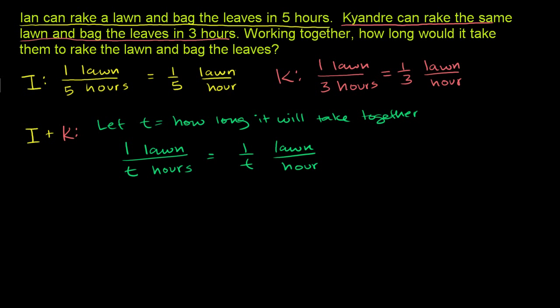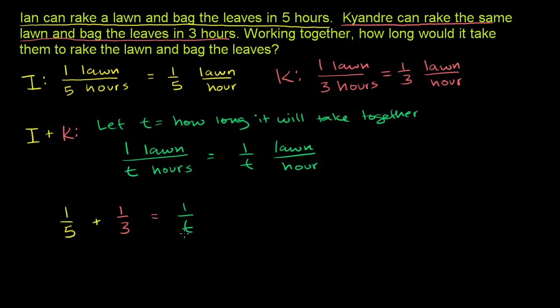Their combined rate is going to be 1/5 lawn per hour, and I won't write the units here because it gets redundant, plus 1/3 lawn per hour for Keandre. That's going to be their total rate, which is 1 over t lawns per hour.